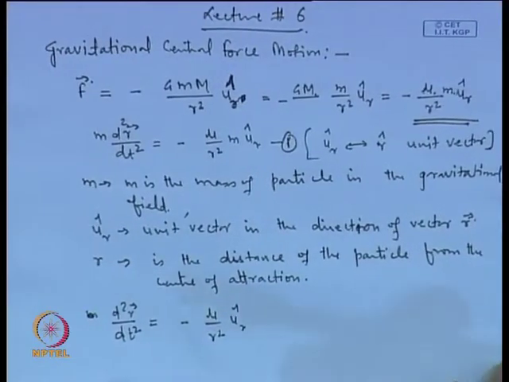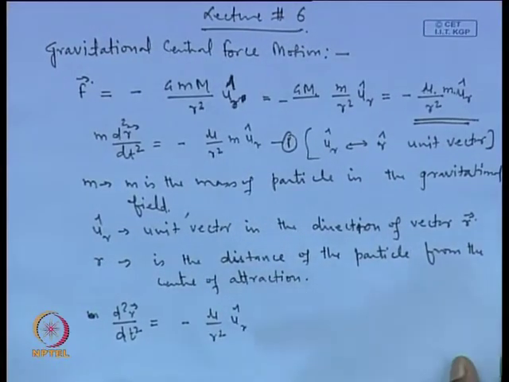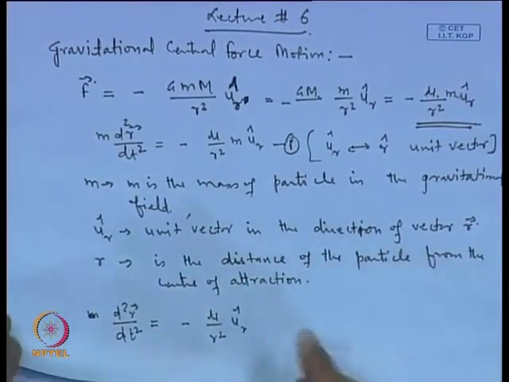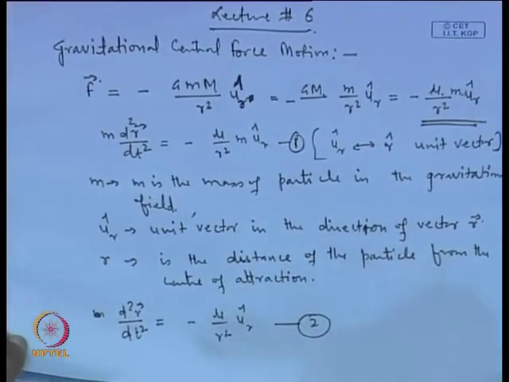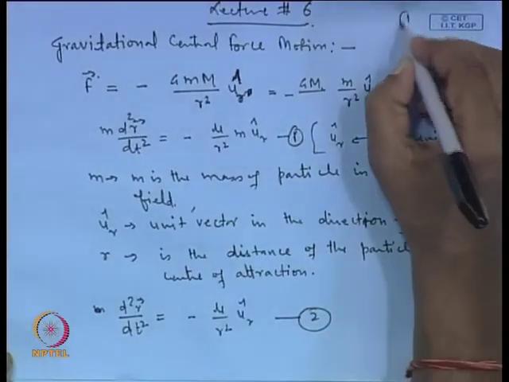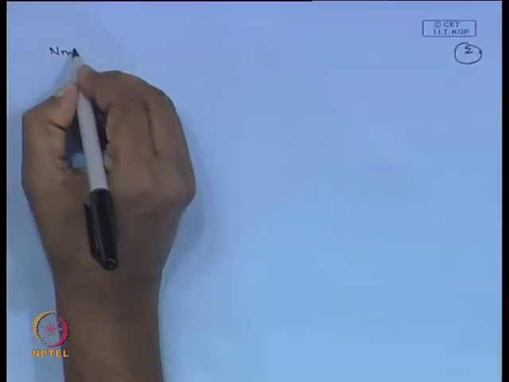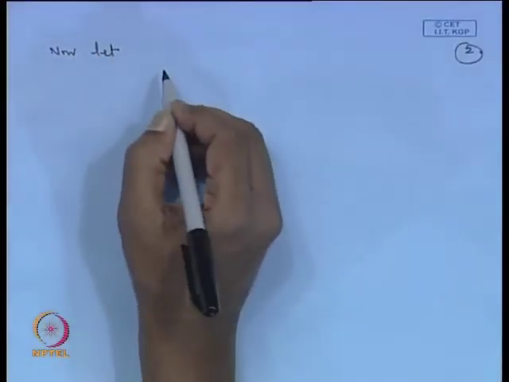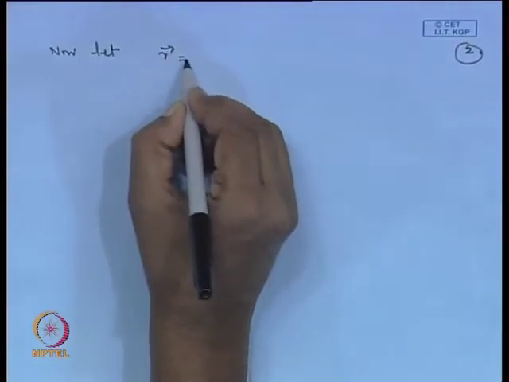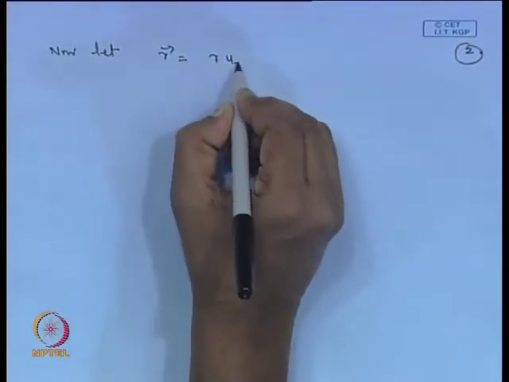Okay. Now, let r vector be equal to r times u r.